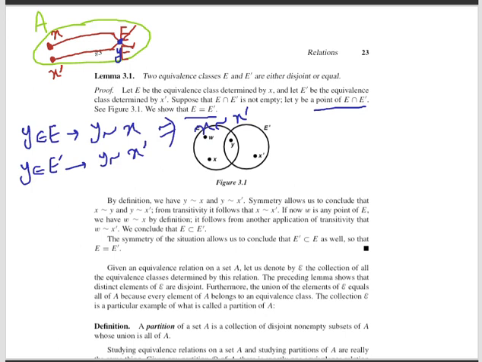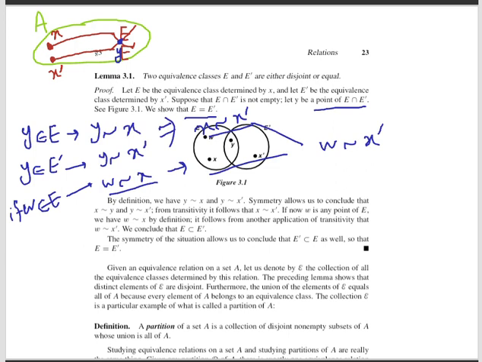Now if W is a point of E, we see that W is equivalent to x, and it follows by this and this that W is equivalent to x prime.